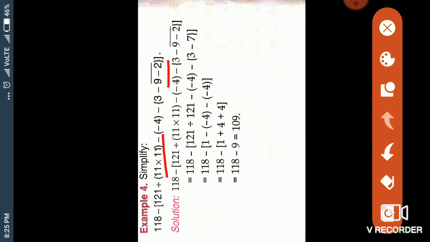Understand? 11 elevens are 121, and 9 minus 2, it will give 7, and before the 9 there is minus, so it will be in minus format. Understand? And now 121 divided by 121, it will give 1. Understand?